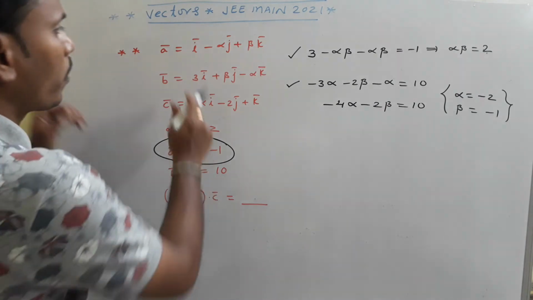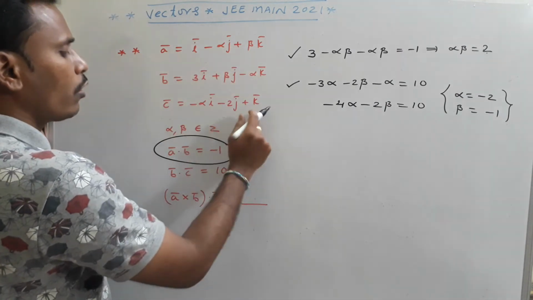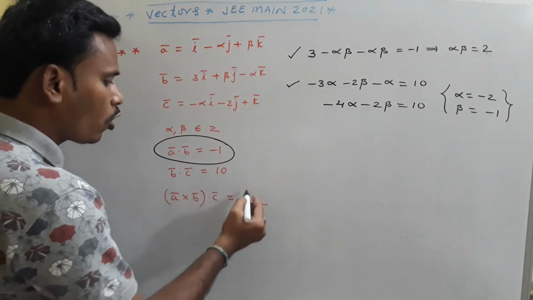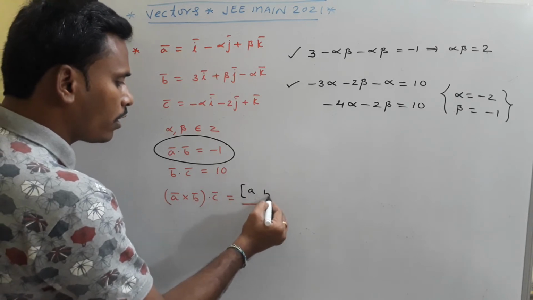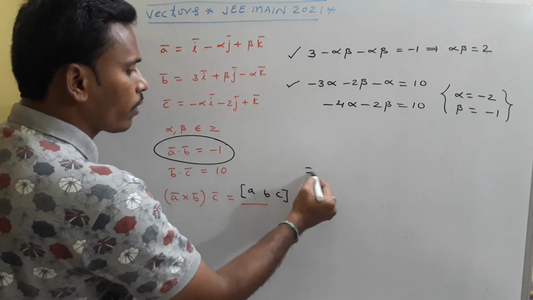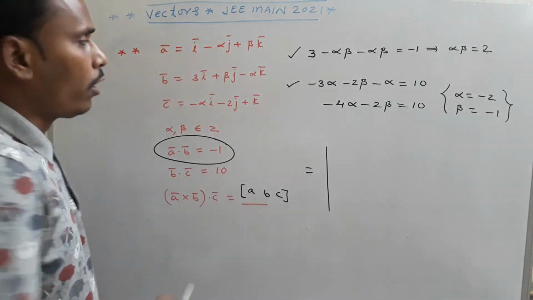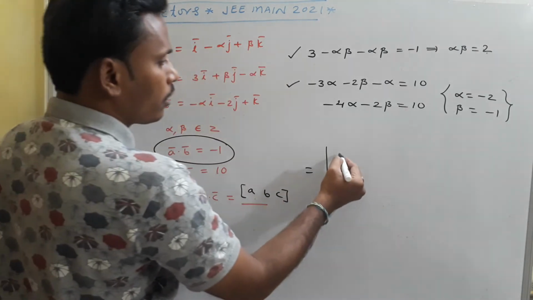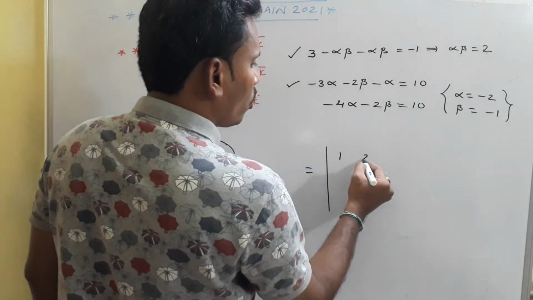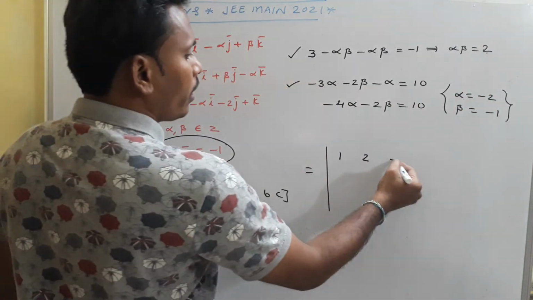Okay, so now we have the vector a bar clearly, b bar, and c bar. a cross b dot c is nothing but what, box abc, which means scalar triple product, that in turn represents the determinant of the coefficients of this. Okay, here 1 minus alpha beta, that means 1, minus alpha is 2, and then beta is -1.